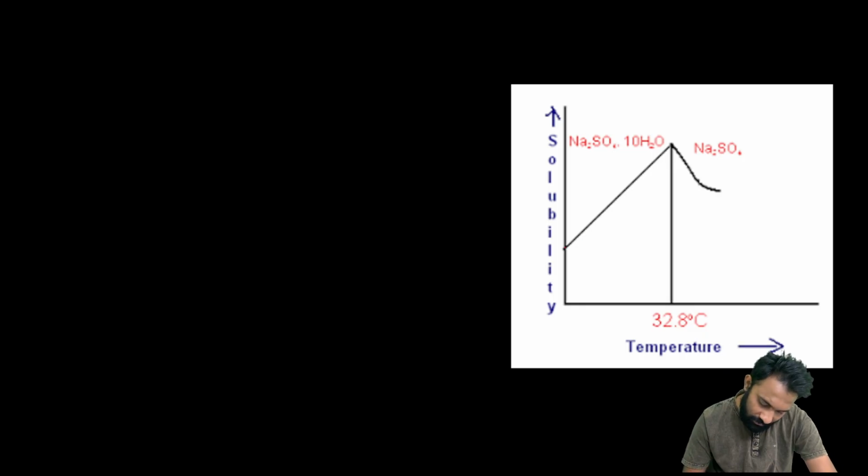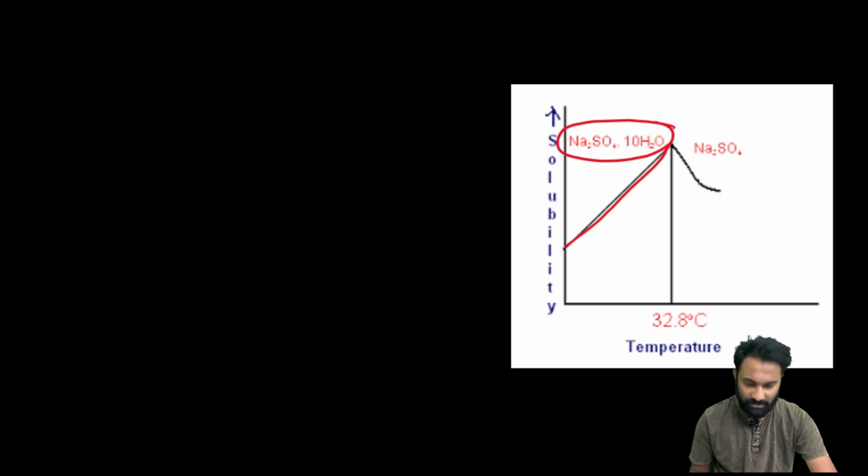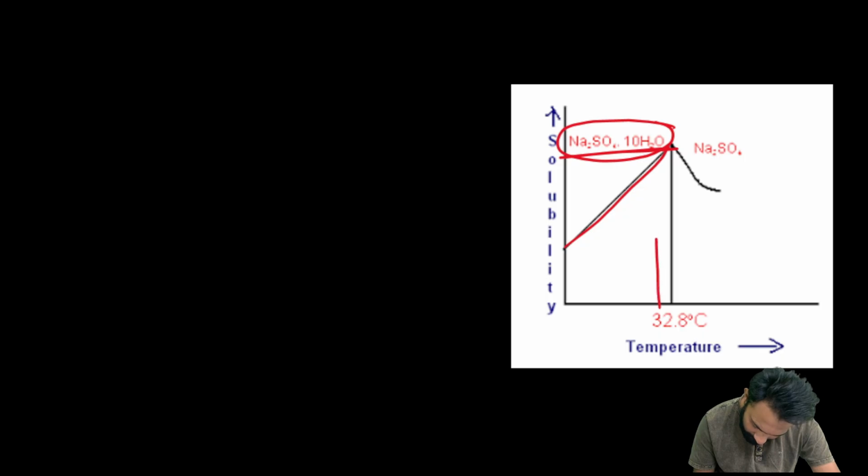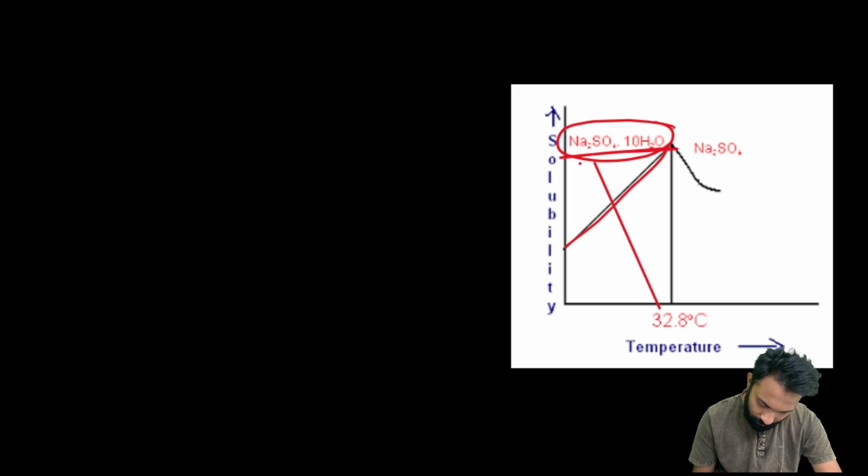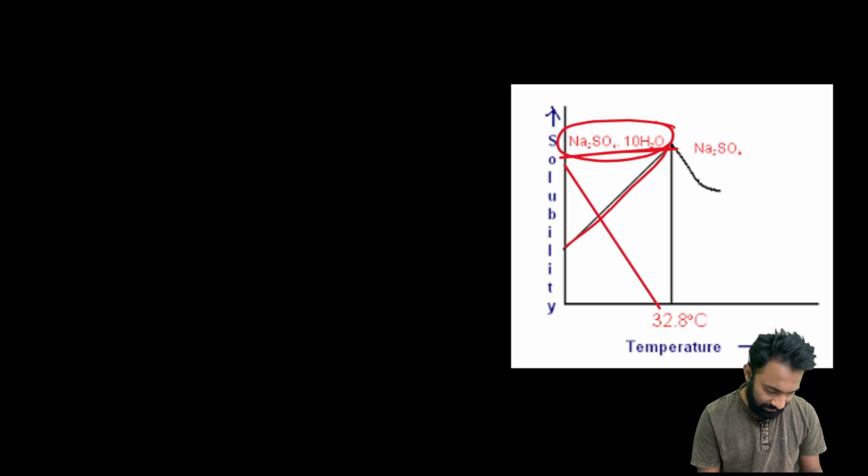First, when we increase the temperature up to 32.8 degrees, the solubility of this salt is increasing. You can see according to this graph, up to 32.7 degrees Celsius, solubility is high, right?